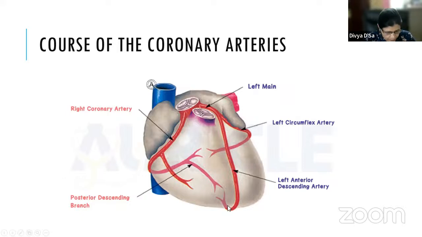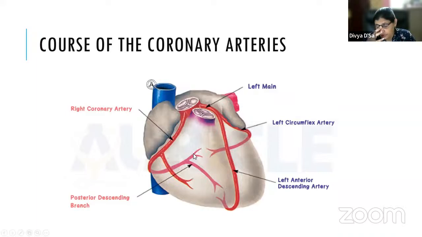It winds around the inferior margin and runs in the posterior interventricular groove, where it will anastomose with the posterior interventricular artery, a branch of the right coronary. The left circumflex will pass around the atrioventricular groove, then posteriorly also in the atrioventricular groove, and ends at the crux by anastomosing with the right coronary.